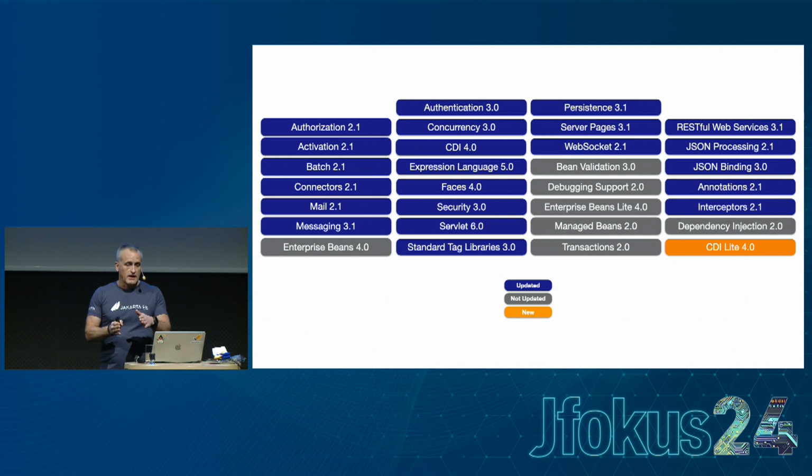The CDI Lite specification, or subset of CDI, takes away the dynamic features of the regular CDI, so you can resolve everything at compile time, and hence be able to use GraalVM to compile to native images if you want to. So that's the core profile thing of Jakarta EE10.